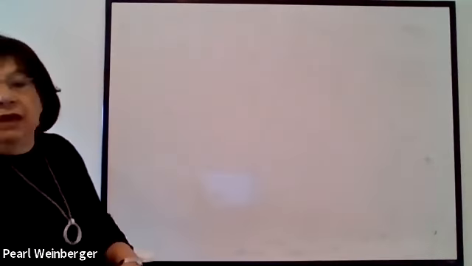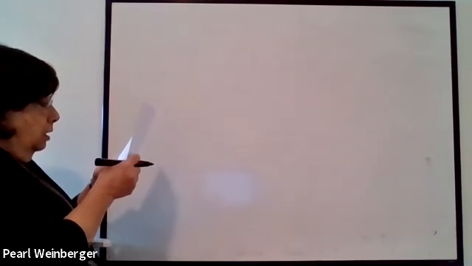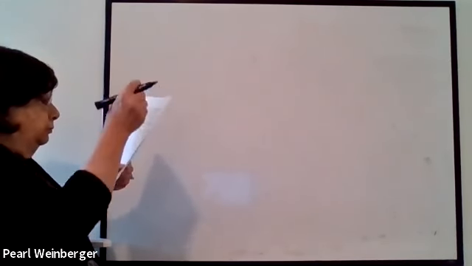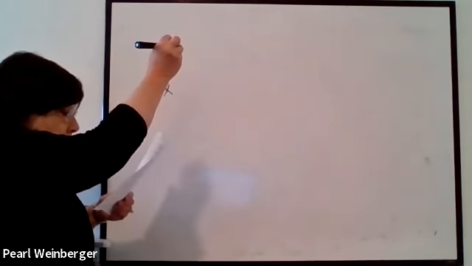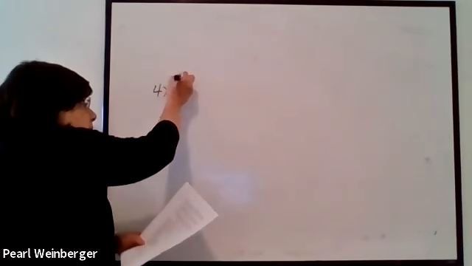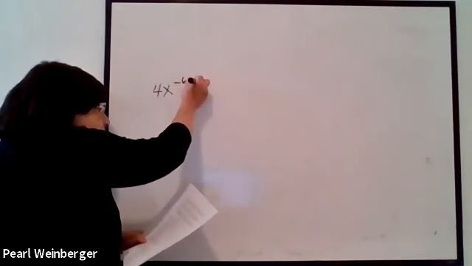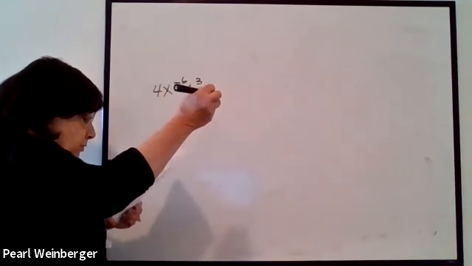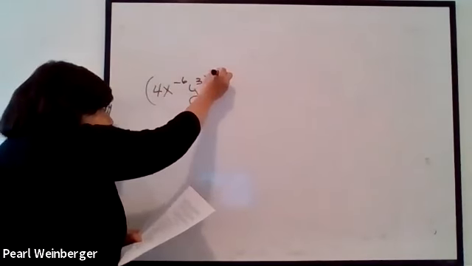So let's say I had an example that looked like this. Four x to the negative 6, y to the third, and we're raising this to the negative 2 exponent.